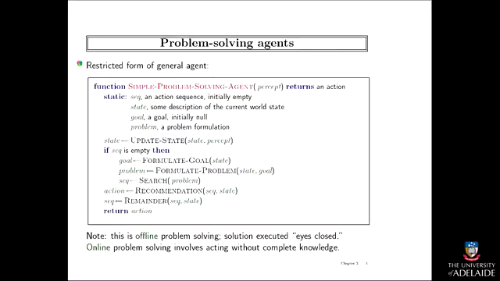Remember that last lecture we talked about the nature of agents, and so now we're going to define this slightly more general but still quite restricted form of a general agent. This is our problem-solving agent. We've got a bunch of things here: effectively the memory of the agent, the sequence, which is just an action sequence. Initially this is going to be empty.